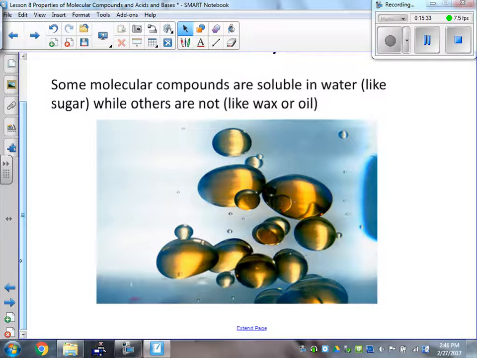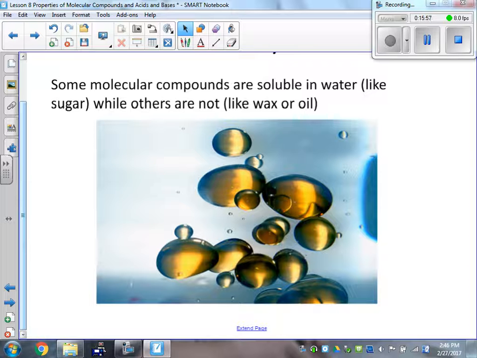Solubility. This is where it gets a little tricky. Some molecular compounds are soluble in water, like sugar, for example, is soluble, and that's mostly because sugar is also polar. We know water's polar. We went to the lab, remember, and I bent water with the rod. Yes, okay. Water's polar, so is sugar.